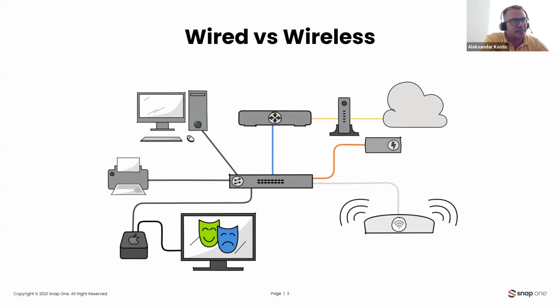bridge a certain distance. Also, the reason wireless is still so popular is that in a modern network with modern devices, it's not feasible to expect that end users would have their phones and tablets wired all the time.